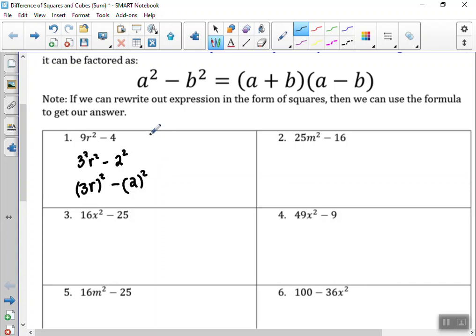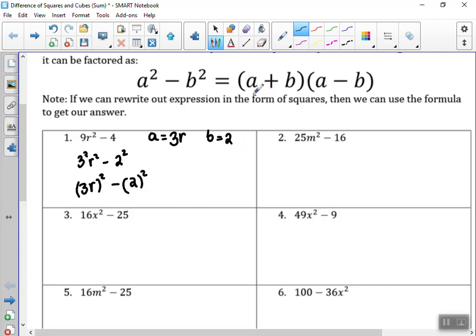All right, so let's just pick out our numbers here. What is a and what is b? See if I have it in this form. What is being squared here? The whole thing, 3r. Okay? What is being squared here? The 2. Okay?